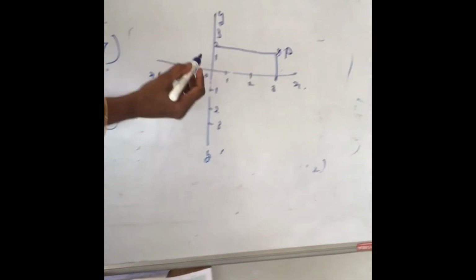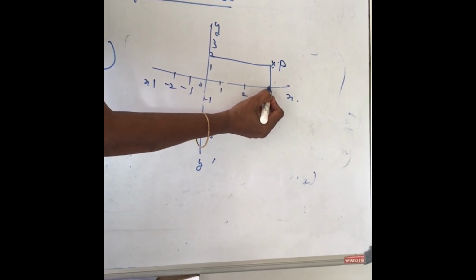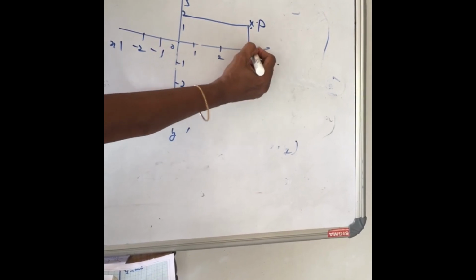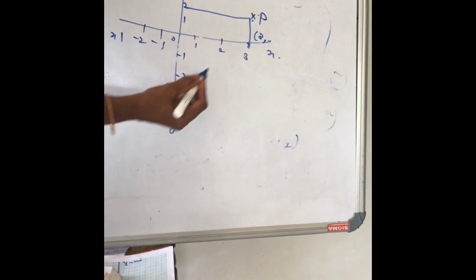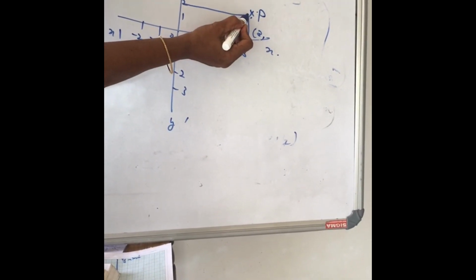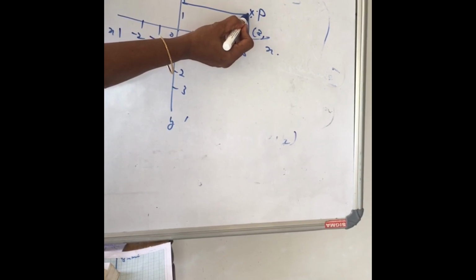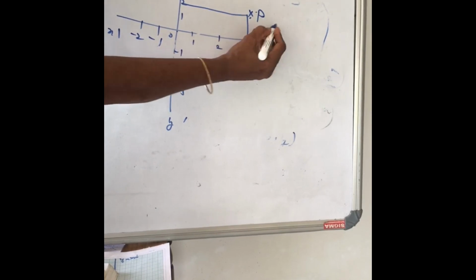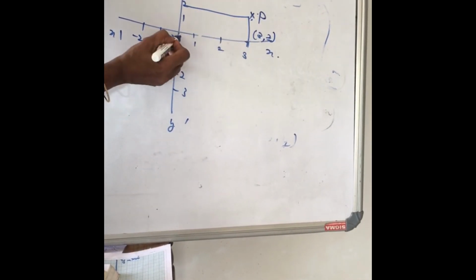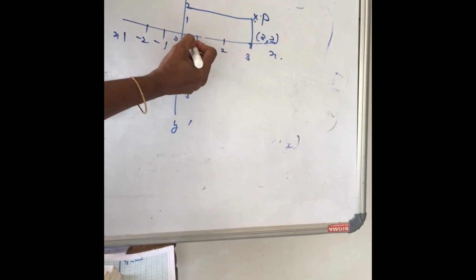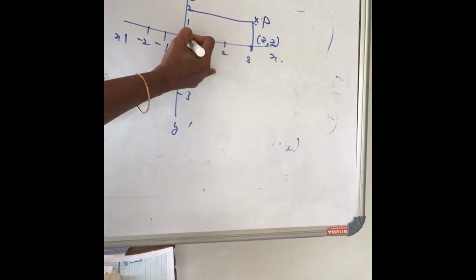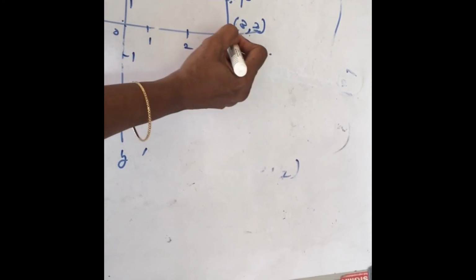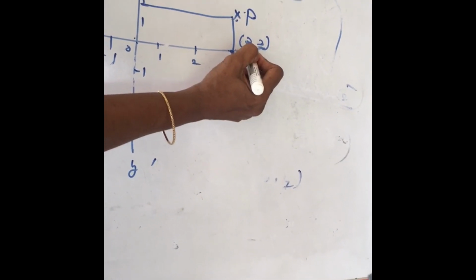Here, how far is the point P from y-axis? 3 units. How far is the point P from x-axis? The point P from x-axis is 2 units. So first we write the x coordinate, 1, 2, 3.